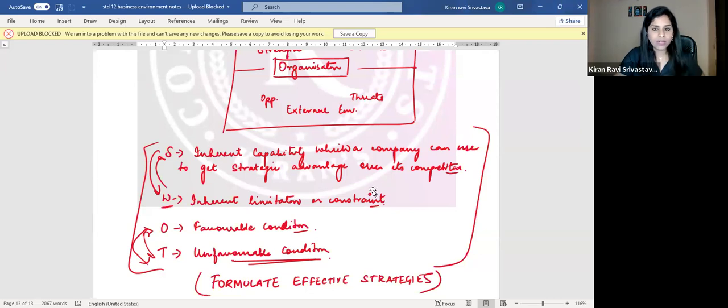So that is what SWOT analysis is. I have given you a lot more examples on SWOT analysis when we did it in the previous class. This was just a recap of what I had done. I hope it's clear.